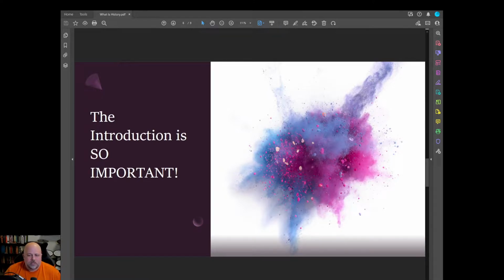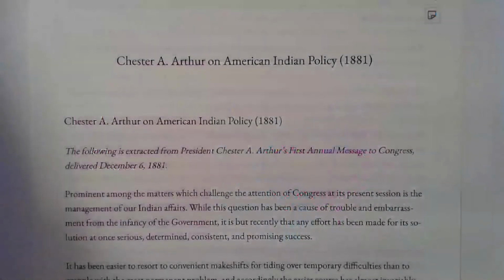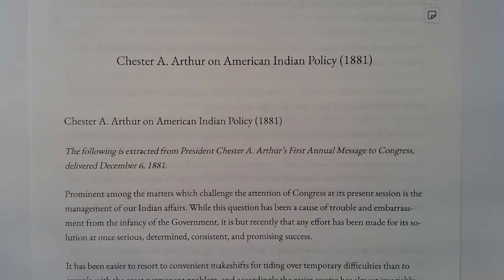And what does an introduction to the source look like? What kind of information can you get from it? Let me explain. Let's go to our primary source again. Here it is. Typically when you get something from the American Yawp, if you're in US history, or you've got a primary source reader, something your professor has given to you, the introduction is always at the top.